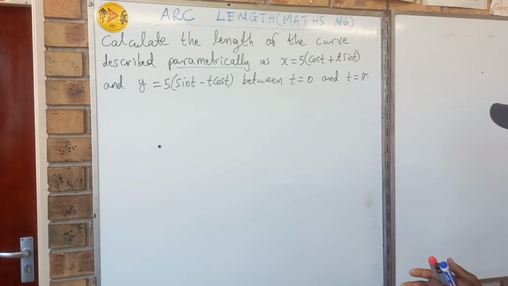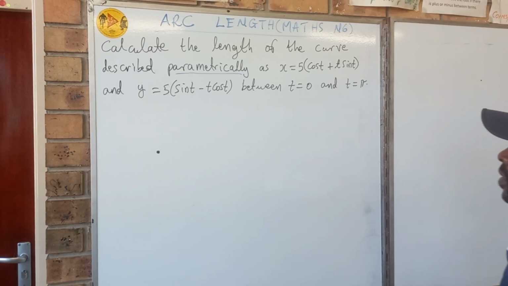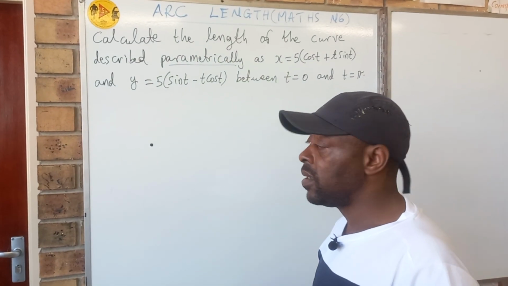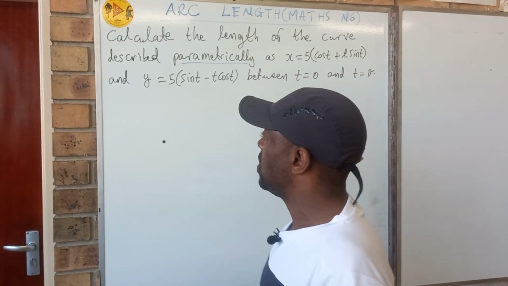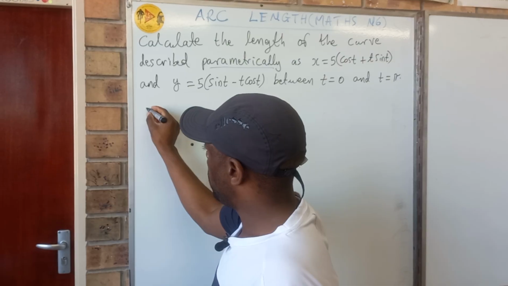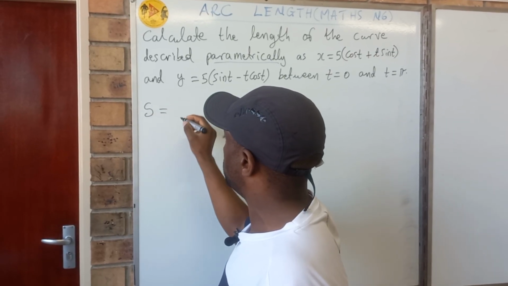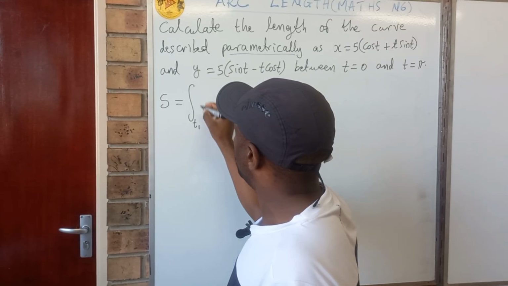So when it comes to parametric equations, the limits do not really tell you anything. You just need to go to the formula sheet and look for the formula that talks about the dx and dy in the same equation. My formula on page 7, not page 6, guys, is the integral from t1 to t2.